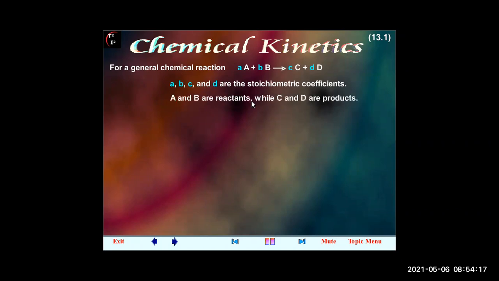For a general chemical reaction, a, b, c, and d are the stoichiometric coefficients. A and B are reactants, while C and D are products.